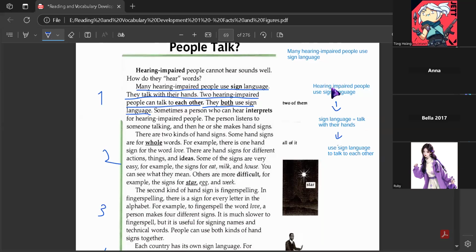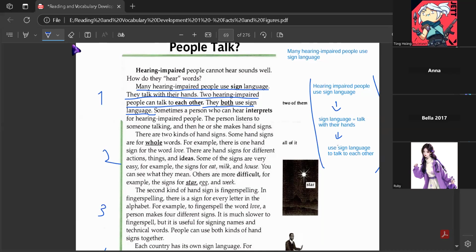So the meaning of these four sentences is that hearing impaired people use sign language, which is talking with their hands. They use sign language to talk to each other. So this is the cycle of the four sentences.